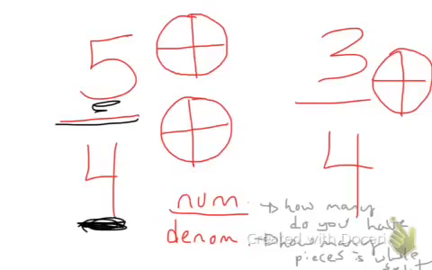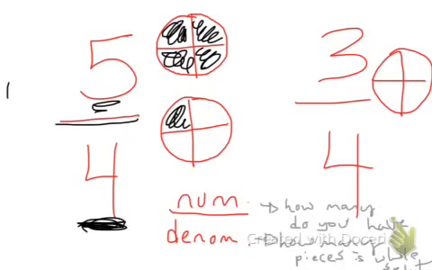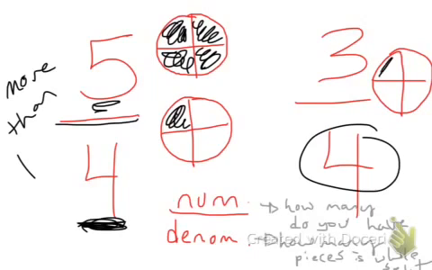So we have 5 pieces when the whole is split into fourths. That means we have more than one. Whereas if we have 3/4, it's still split into fourths, but we only have 3 of them. So 5/4 is an example of an improper fraction.